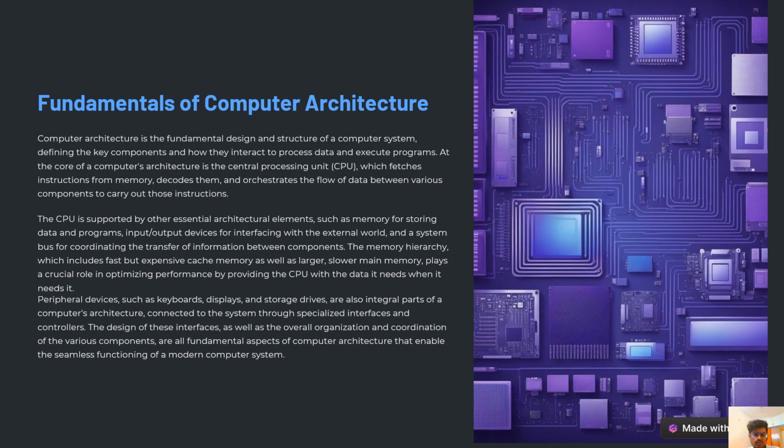The CPU is supported by other essential architectural elements such as memory for storing data and programs, input and output devices for interacting with the external world, and a system bus for coordinating the transfer of information between components.